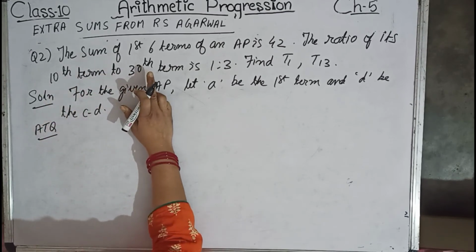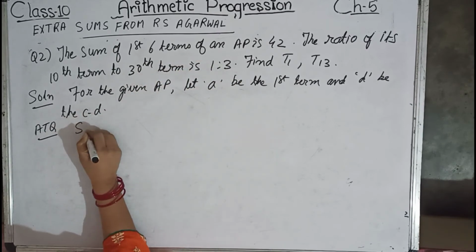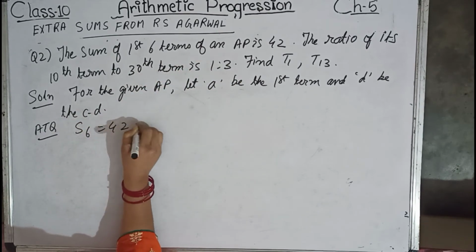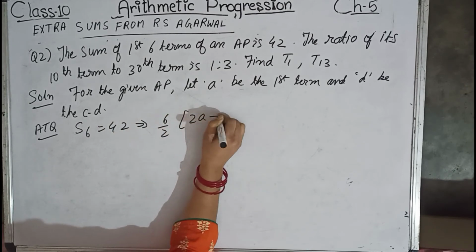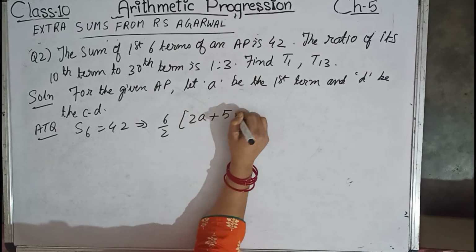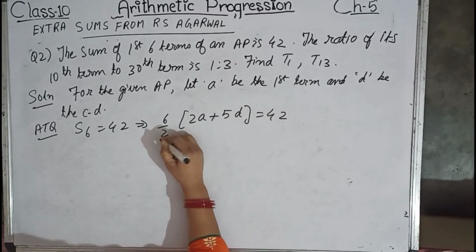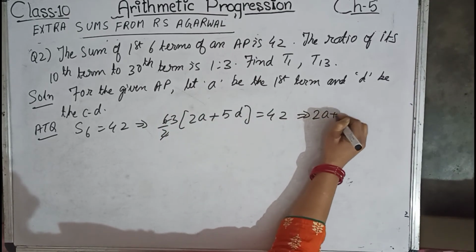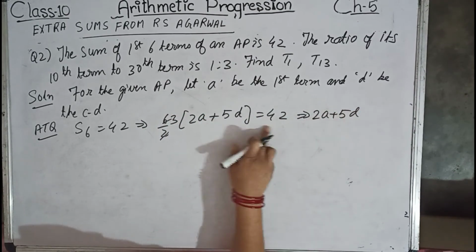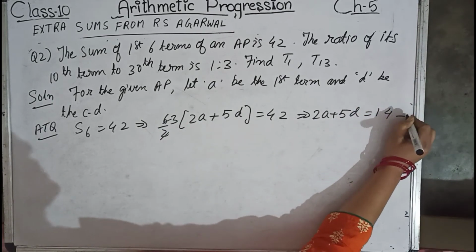The sum of the first 6 terms of an AP is 42. So S6 equals 42. This implies n by 2 times 2a plus n minus 1 into d equals 42. Now 2 threes are 6, and this implies 2a plus 5d equals 14. Make it equation 1.